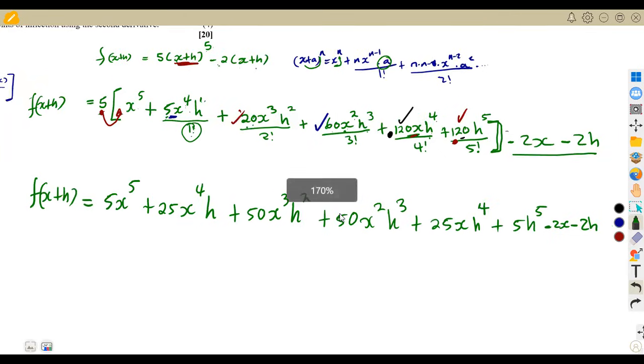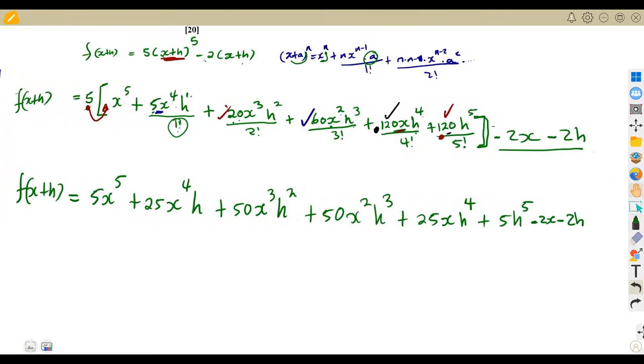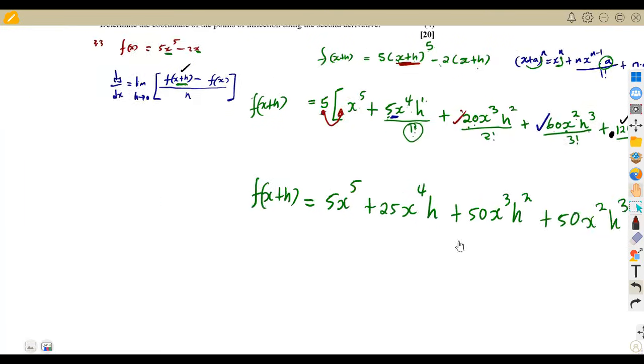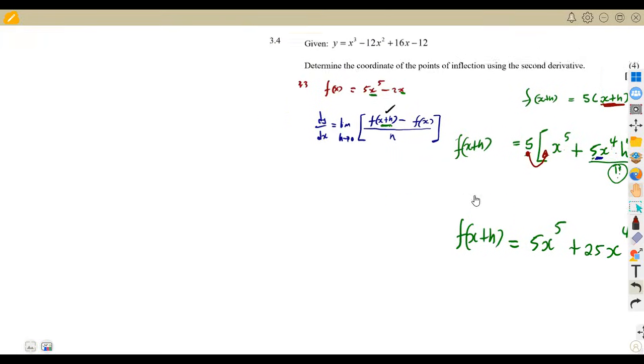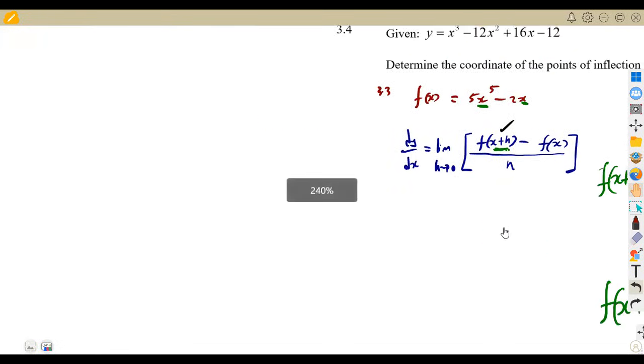So the question is, if this be my f of x plus h, like I was saying, this is what you're going to need here on your formula. We are going to need f of x. Take note, I said let us combine this at once. We are going to need f of x plus h minus f of x.